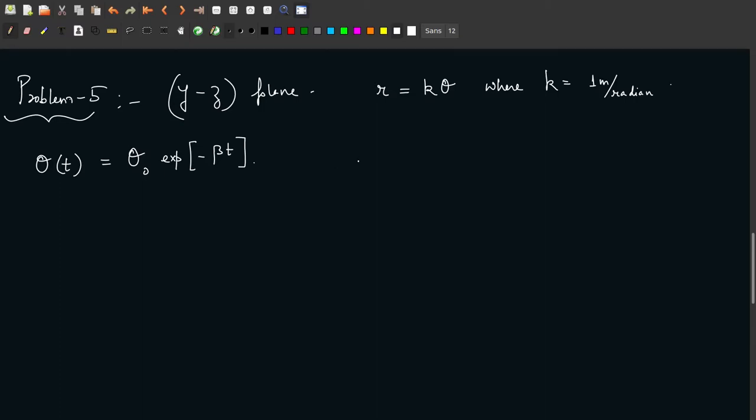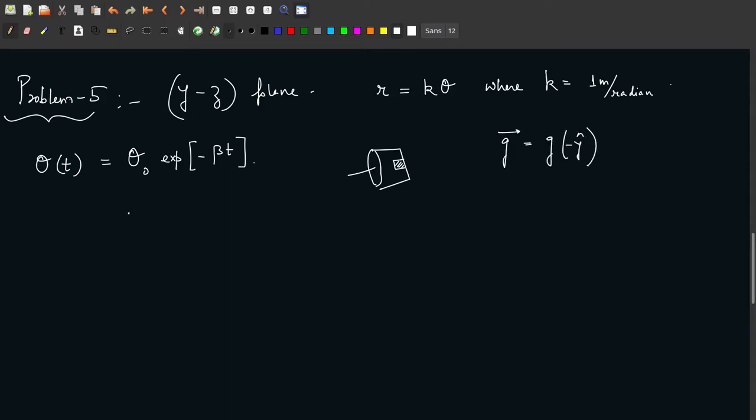And a block of mass m is kept inside the bucket. So this is the bucket actually, though it's not a very nice diagram, and there is a mass m kept inside the bucket. Probably it is spiraling or rotating about a certain axis. The gravitational acceleration due to the earth is g, and the g vector is g times minus y cap.